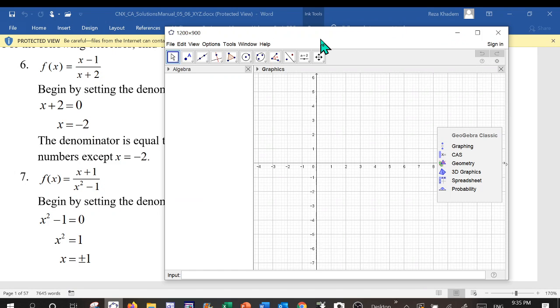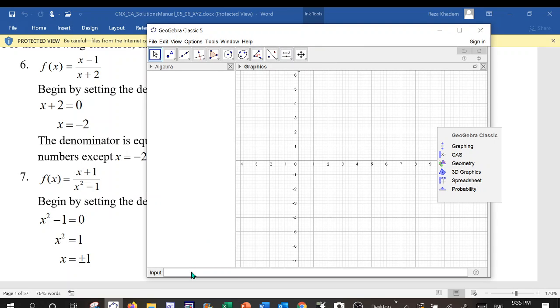So what I'm going to do is put y equals, I put parentheses for the numerator divided by parentheses for the denominator. So in the numerator I have x minus 1, and in the denominator I have x plus 2.